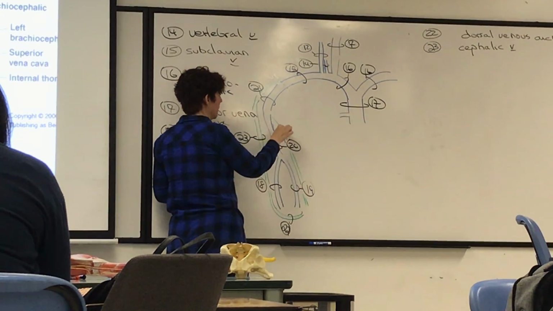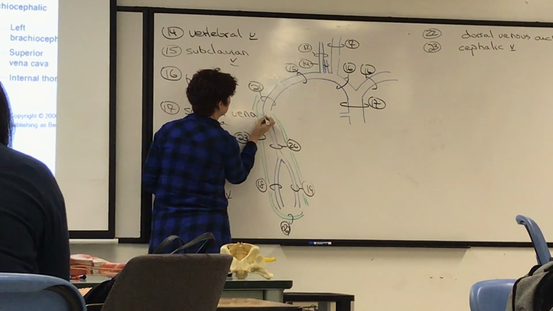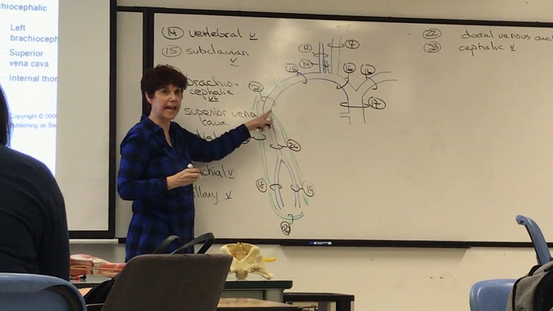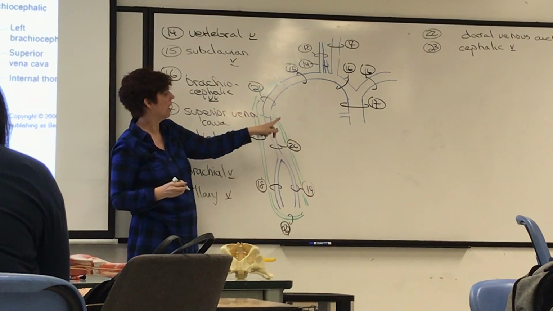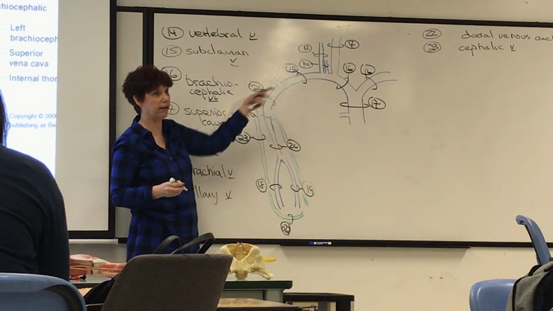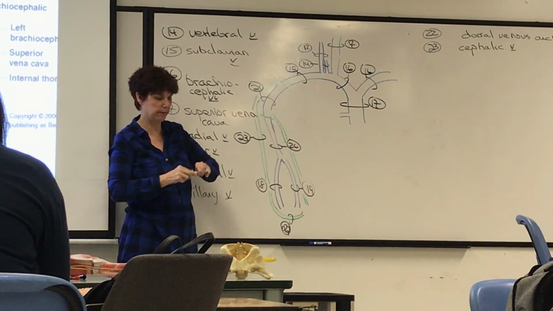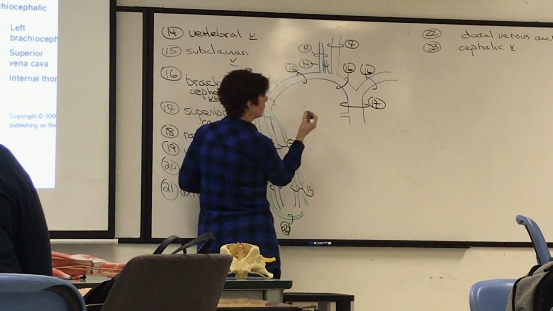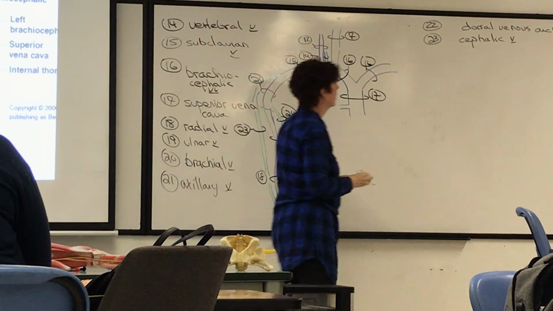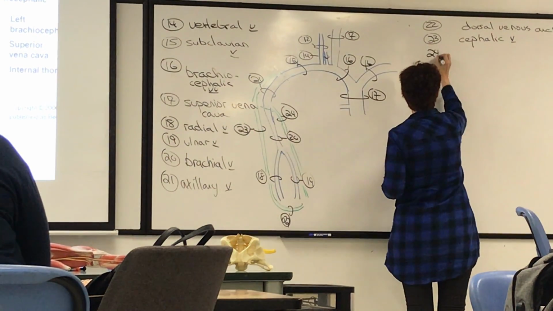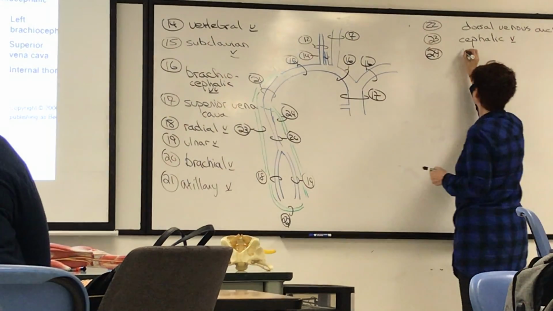So right at the point brachial stops right here and becomes axillary, and basilic drains into it right after that point. So both basilic and cephalic are emptying into the proximal and distal ends of axillary vein respectively. So 24 is the basilic vein.